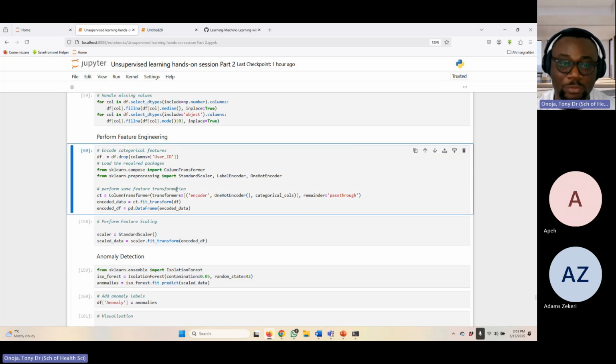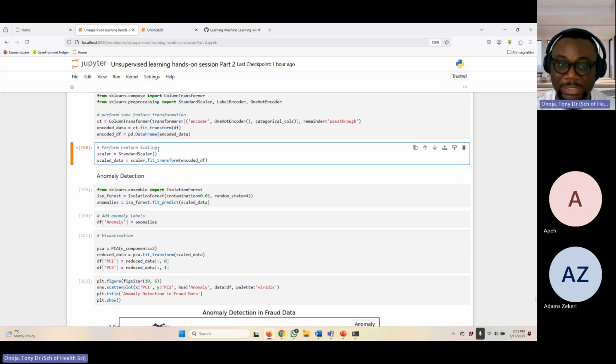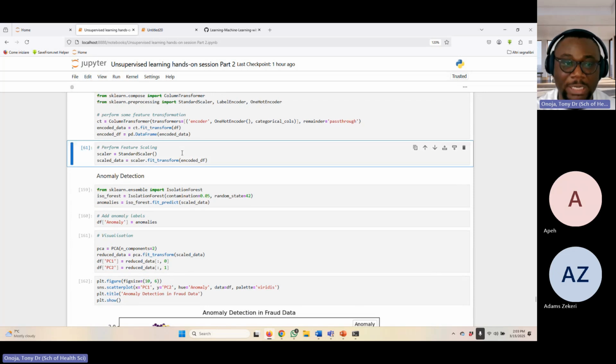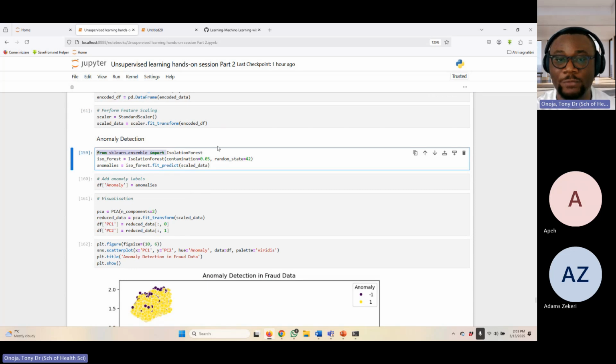So again, we drop the user ID. Like I said, we don't need it. Then secondly, we standardize the dataset, like we have done in the previous class. Then now we can begin to perform the anomaly detection. For the anomaly detection, we use an ensemble method called isolation forest. Isolation forest behaves like a random forest.